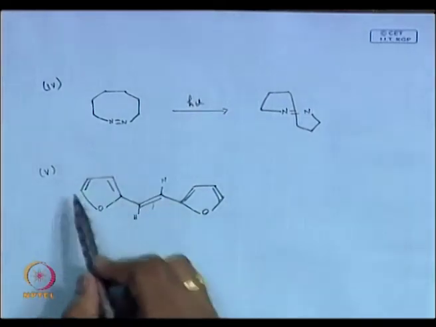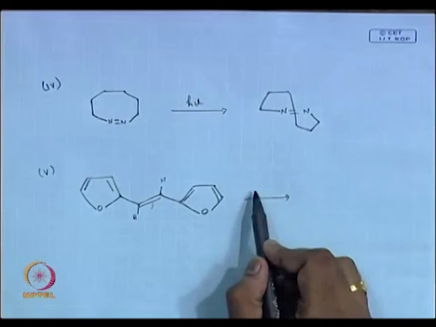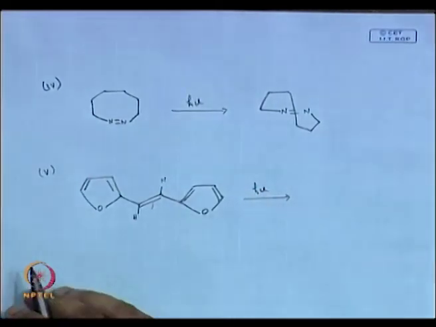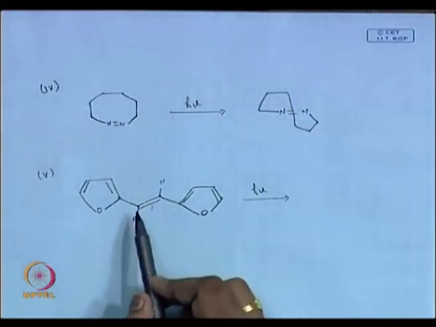This compound is very interesting. If you just go and see what happens to this. Yeah, you can do that. There are many methods available to make these molecules, but they are interesting molecules.